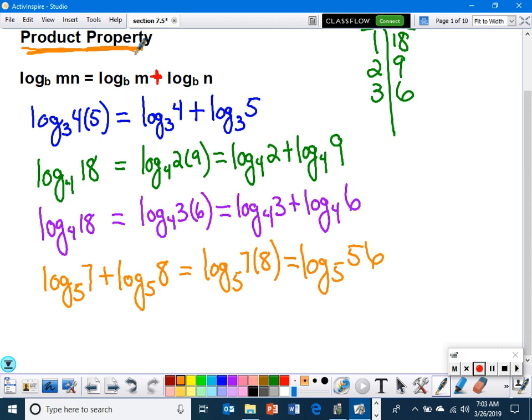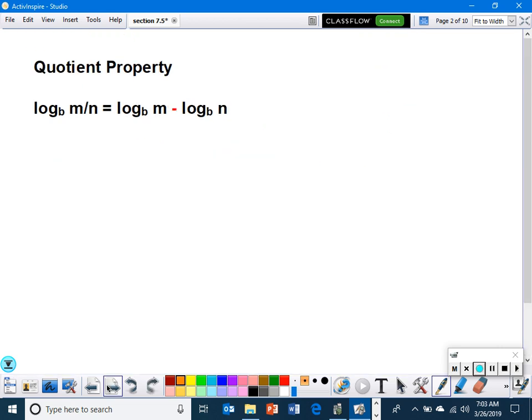All right. If you need to rewatch that part, rewatch it. I'm going to move on to the quotient property. I'm going to rewrite this. This is log base b again, of m divided by n.